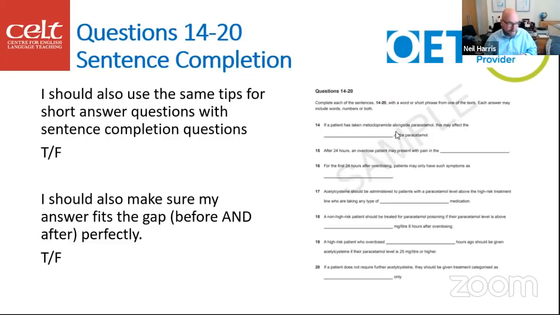And if it's in the middle of the sentence, like question 14, should we be looking at what comes before the gap, what comes after the gap, or both? So again, a few moments just to answer those two questions in chat. Is it true, false, true, false, false, true, false, false, or true, true? What do you think?